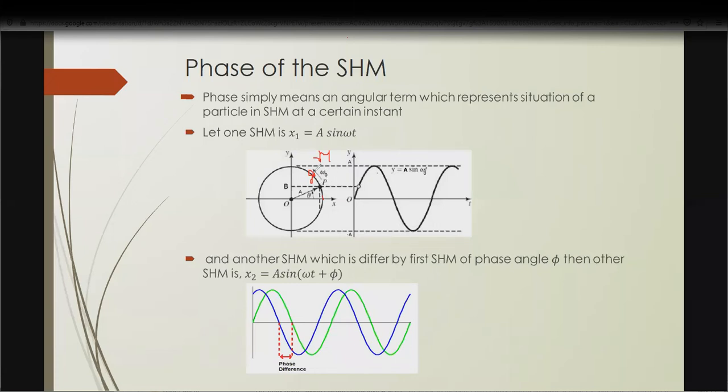P is here and M is here, and it moves like this. So there is a difference in the position of each object. This is called the phase difference. Phase is the phase difference expressed in terms of angle.